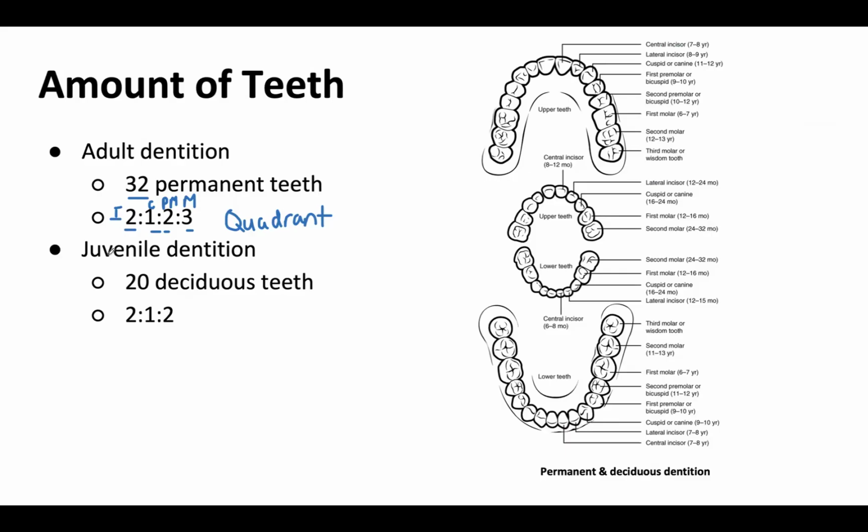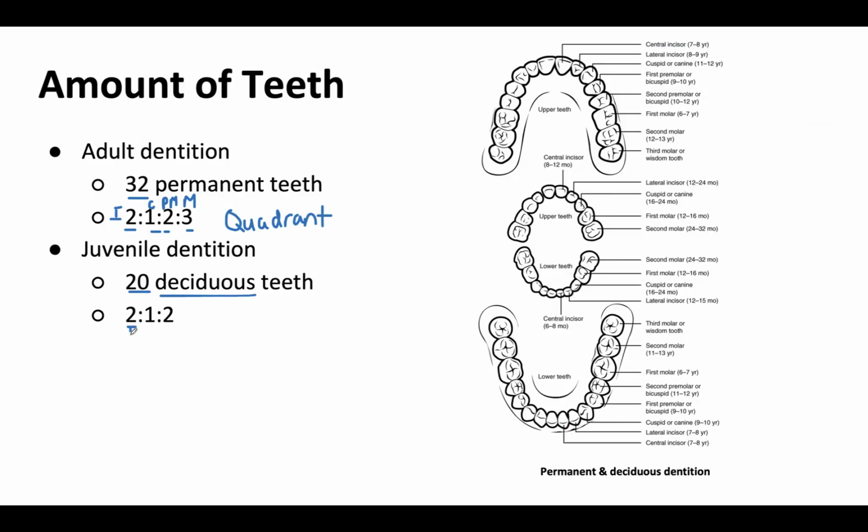For a kid or juvenile with a full set of teeth, there will only be 20 teeth, which makes sense as the bones associated with the juvenile skull are going to be quite a bit smaller. These teeth are often called deciduous teeth, or sometimes you hear primary teeth, or just simply baby teeth. The equation here is going to be 2, 1, 2.